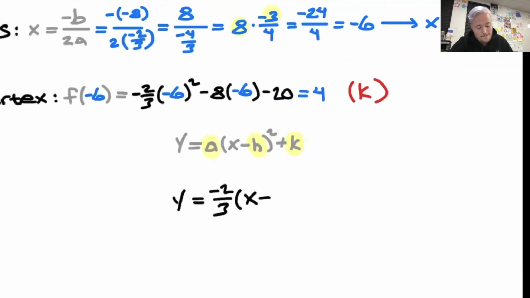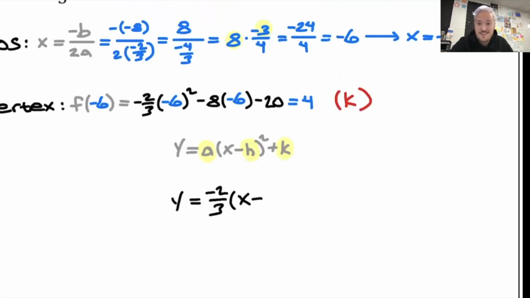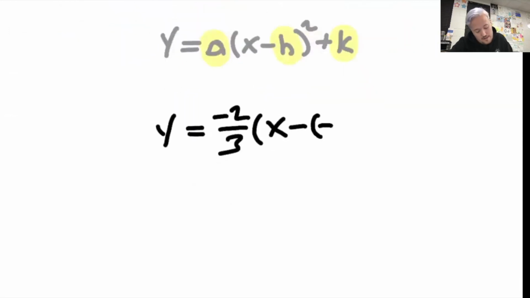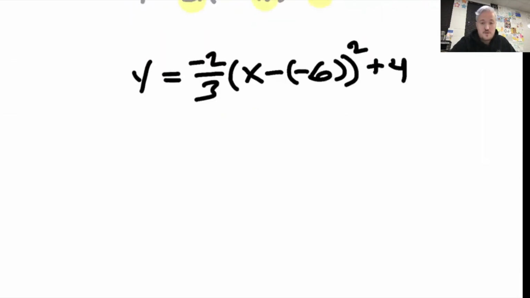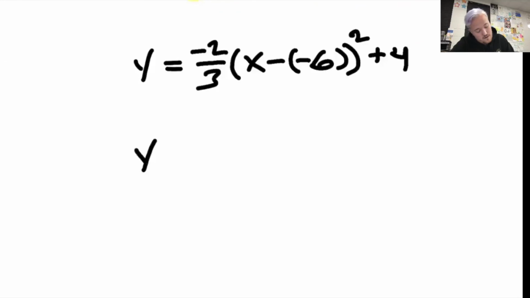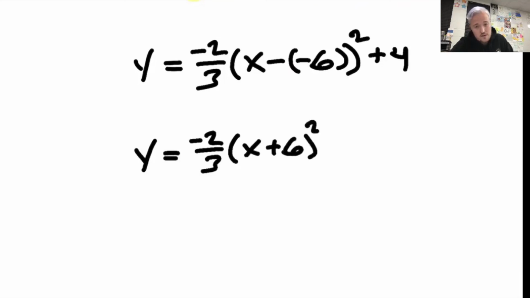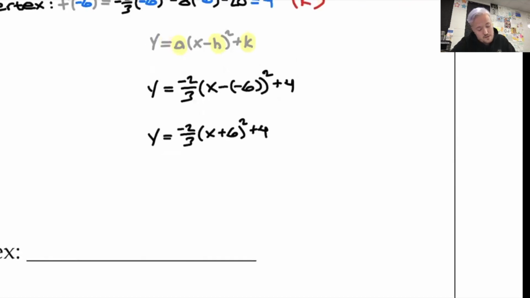Then x minus your h value, which is a negative 6, so minus that negative 6, all squared. And then we're going to add our k value, which is 4. Now that we got all the parts together, we can just start simplifying. So we are going to have a negative 2/3 parentheses x plus 6 all squared plus 4. This is going to be your vertex form equation right here.